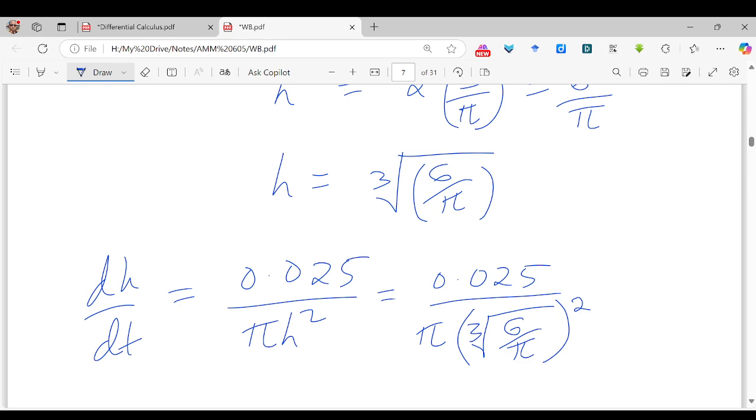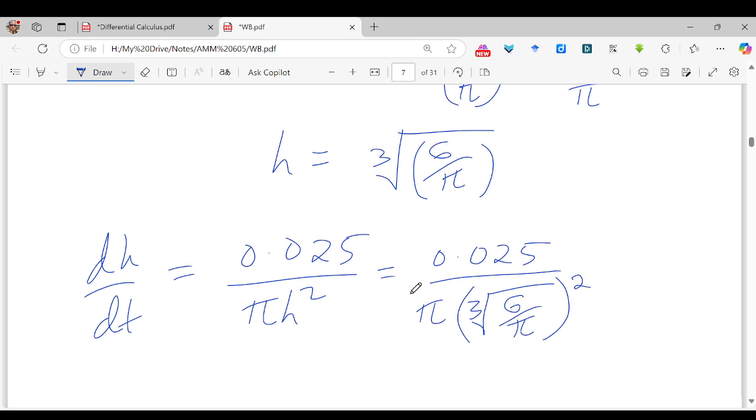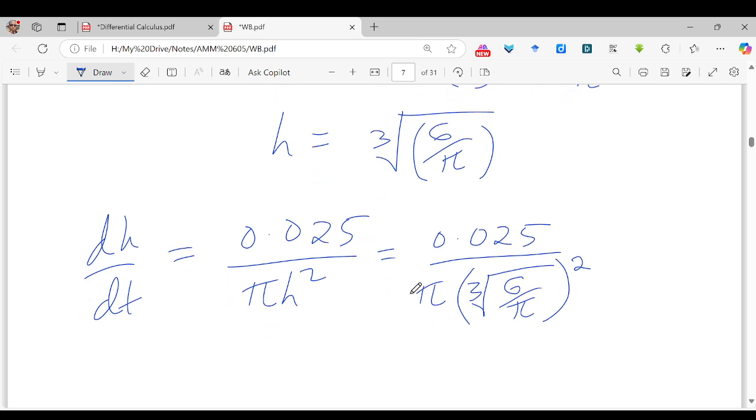So working this out should give us the rate at which the height changes per unit change in time. We say the quantity is positive, indicating that the height is increasing. So we can compute that and get the value.